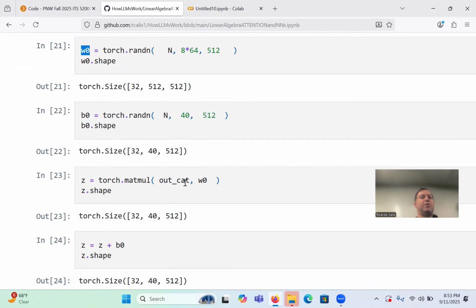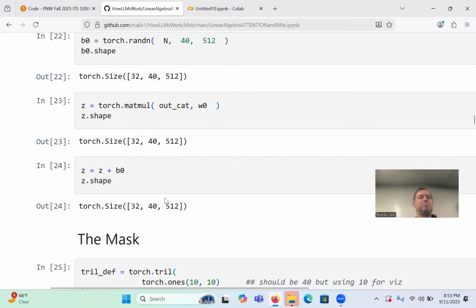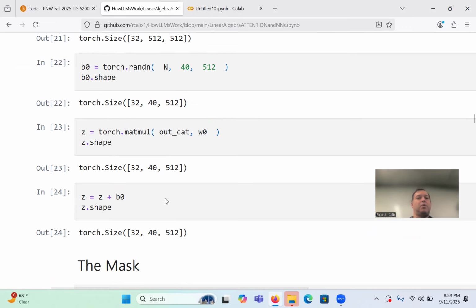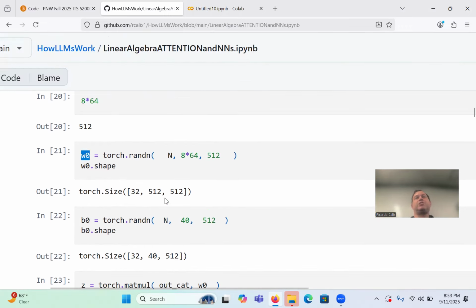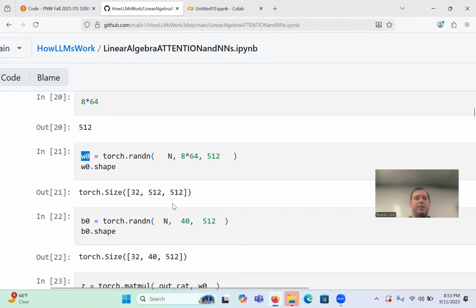That's just another transformation. I could do that if I wanted to. Do you guys see that? This is more of a normal feed forward neural network projection, not an attention projection. This happens in the transformer. I think they just said, let's try one more feed forward. But it's in there.